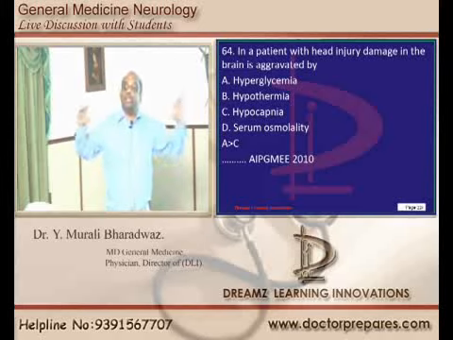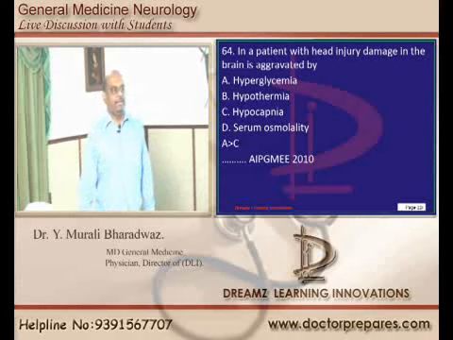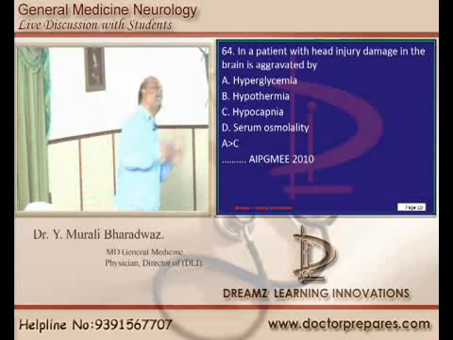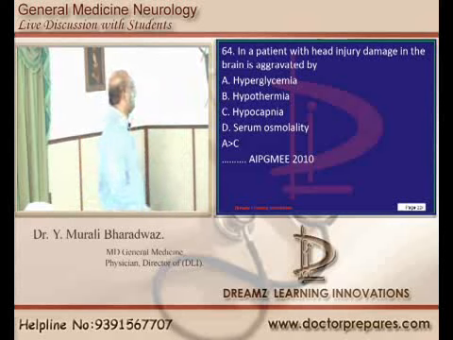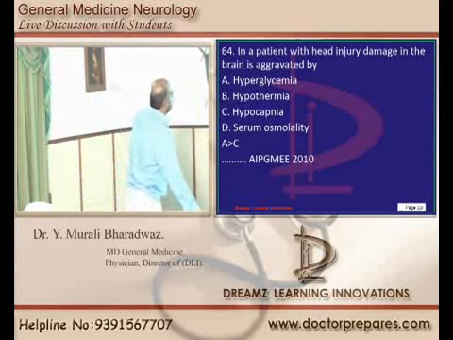Dexamethasone shot has to be given. Those patients who received dexamethasone in the acute spinal shock stage, and those who did not receive it, there is a world of difference in their ultimate outcome. So every minute counts. Then after a patient of head injury got admitted, how you managed him is important, because there are a lot of secondary factors which will promote the cerebral insult, which you need to remember.